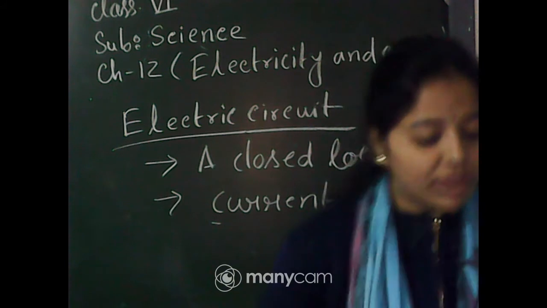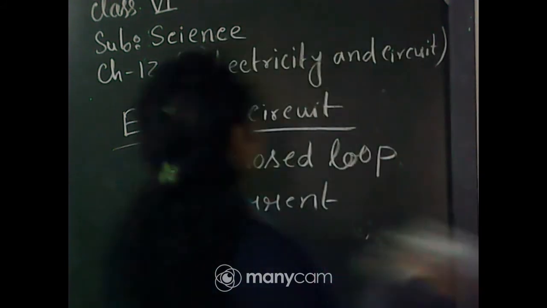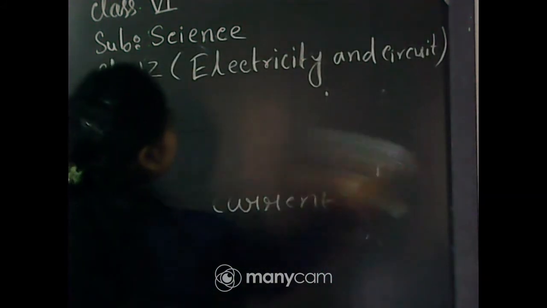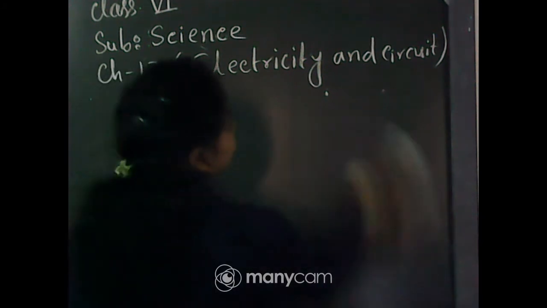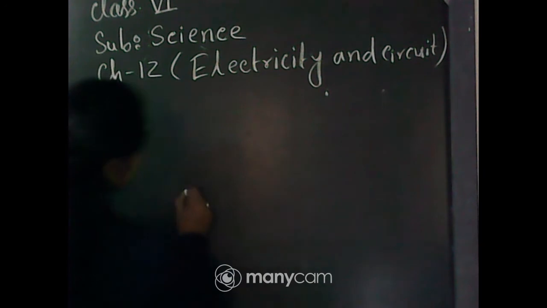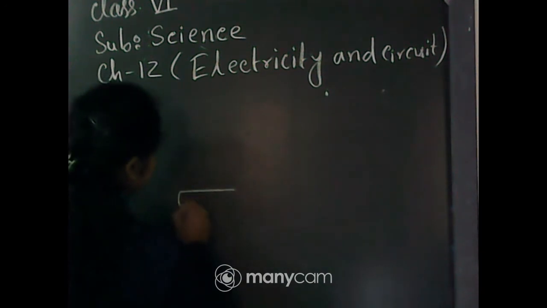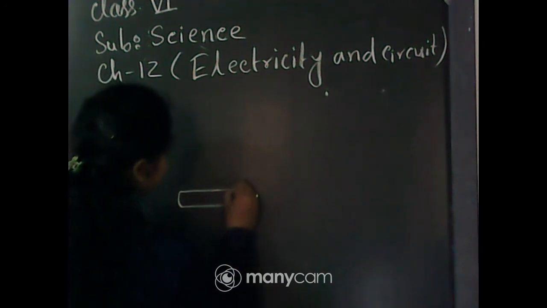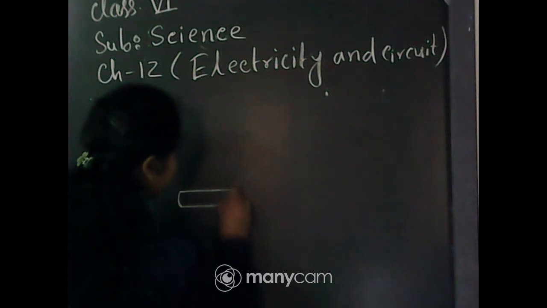Now if I want to draw a picture of an electric circuit, you can see, as you know, an electric cell has two terminals. What are these two terminals? Please write in your chat box.